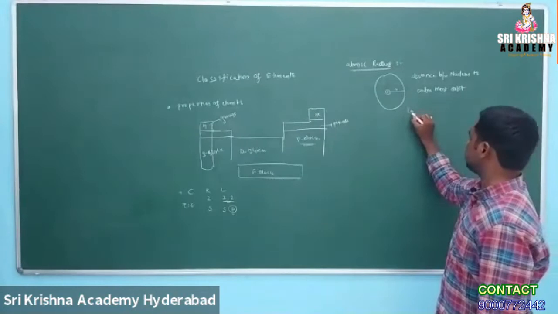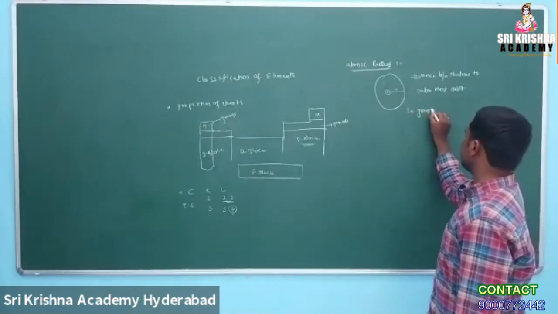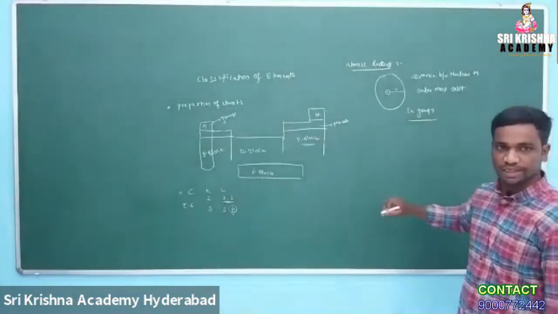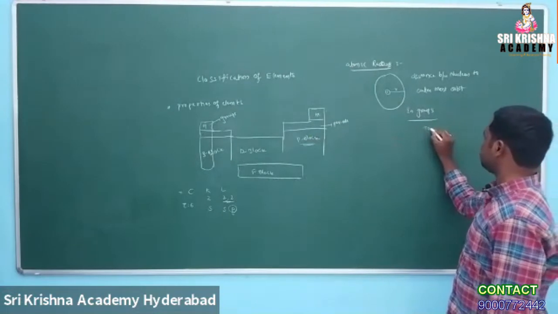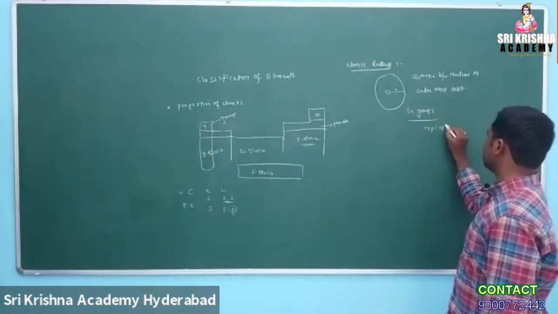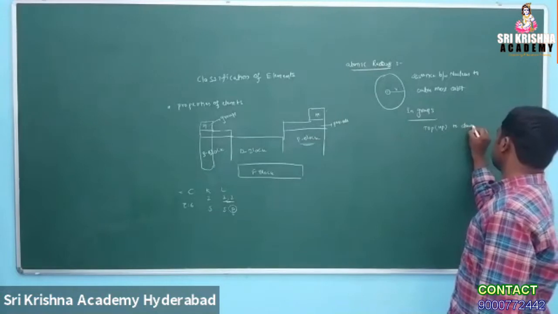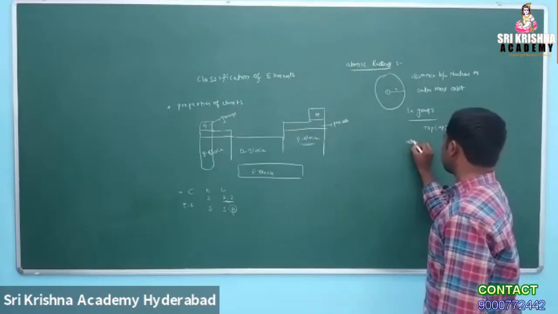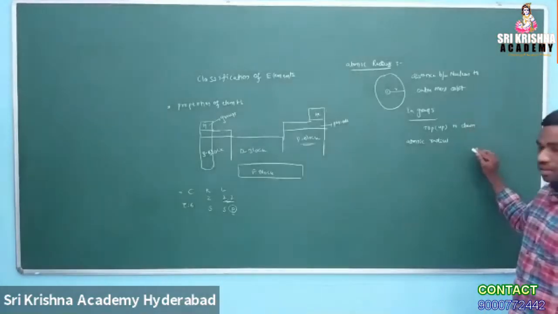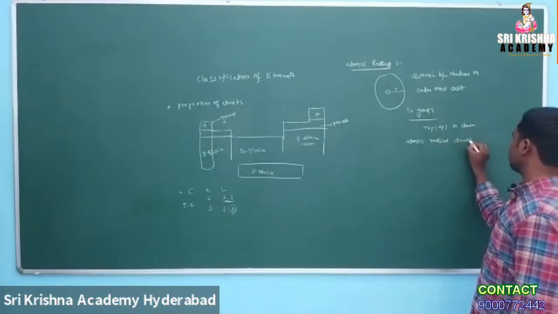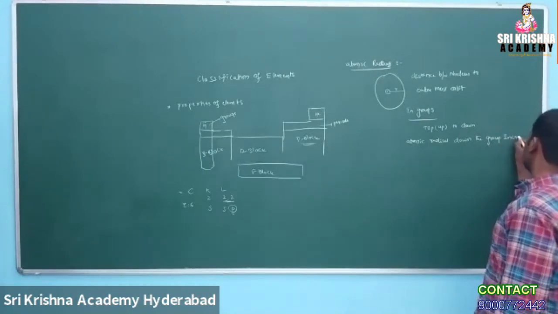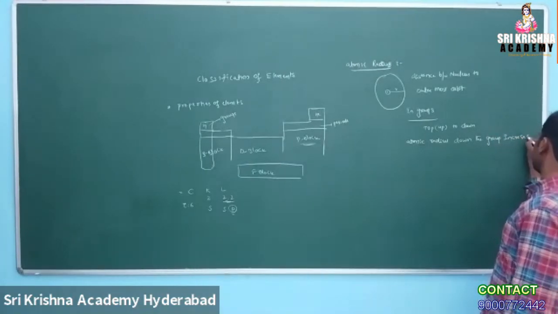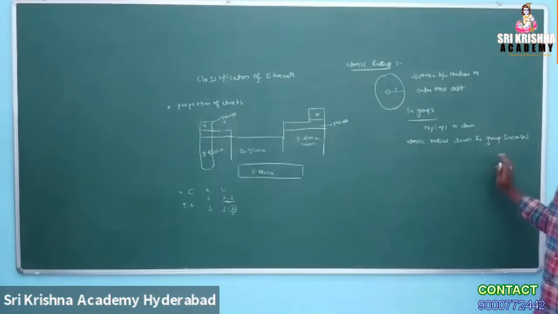In groups, meaning vertical columns, going down the group, top to bottom, the atomic radius increases.